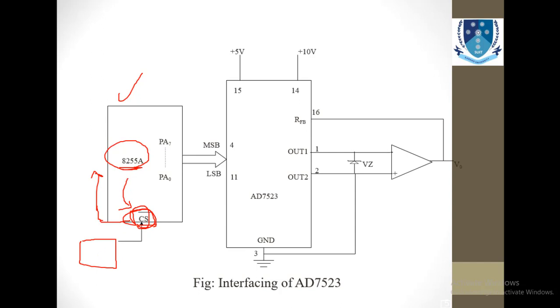And if you control the CS, you are now controlling 8255, and it will give you an output of 8 bits. You can see that from pin 0 to pin 7, port A, you will be controlling, and this will be your least significant bit, and this will be your most significant bit. It will be going into pins 4 to 11 at this 7523.